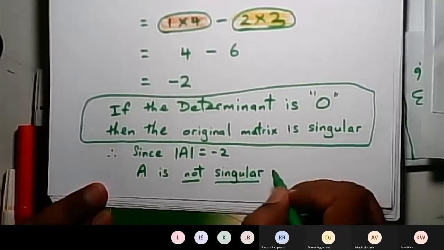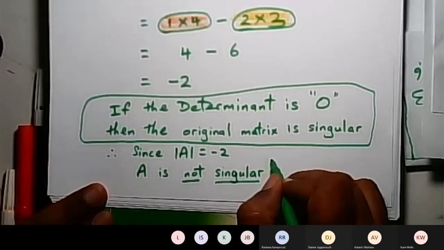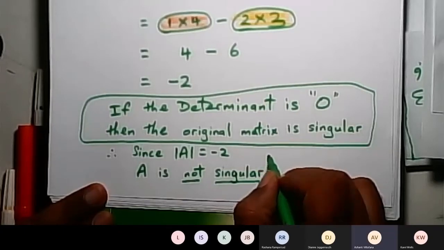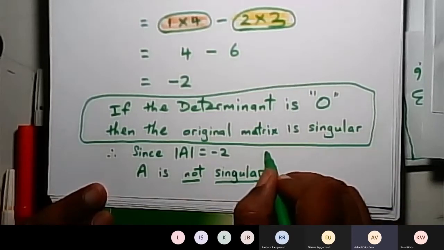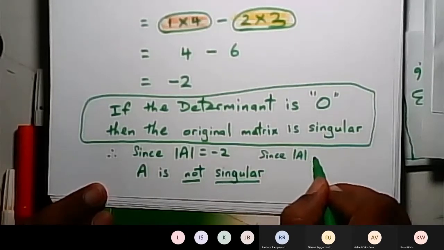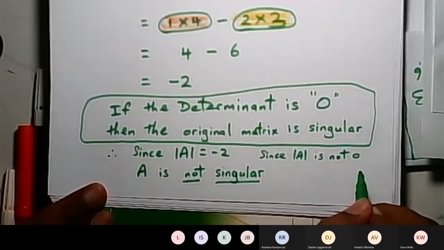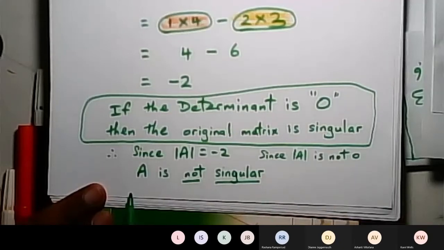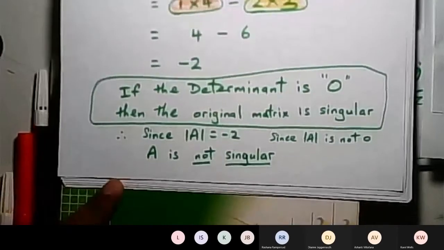Another way we can say it is, since the determinant of A is not 0, A is not singular. That's another way you could think of it.